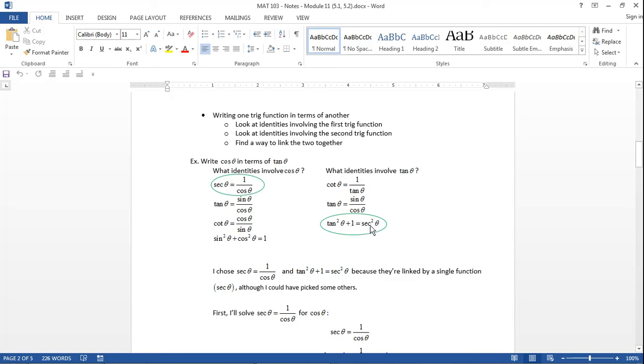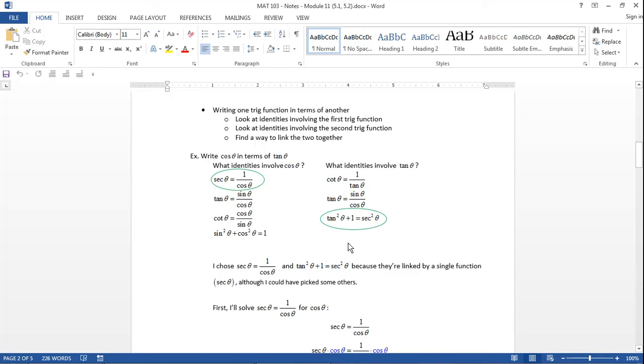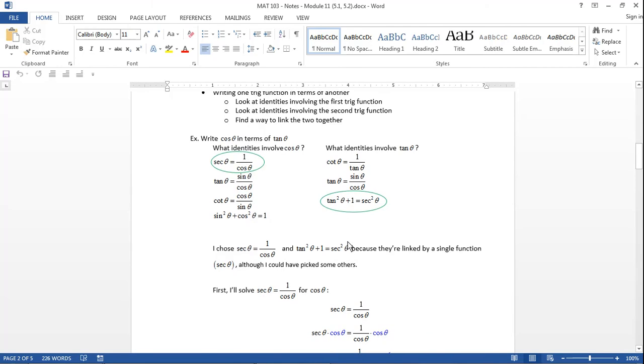If I can solve these for secant, I can use that to rewrite cosine in terms of secant, and then secant in terms of tangent. So it's like we're using secant as a bridge to get from cosine to tangent. That's our link between the two. So I'm going to walk you through how I do that.